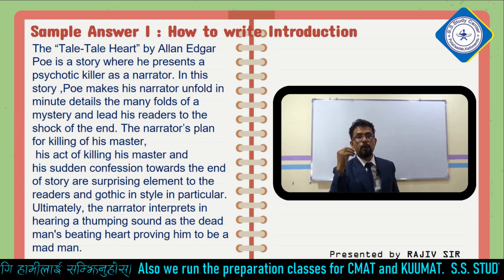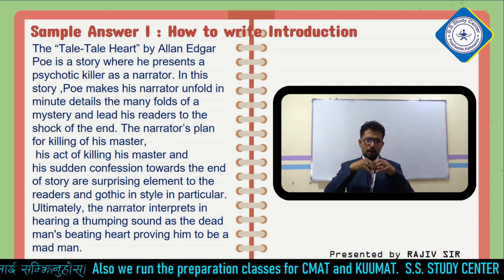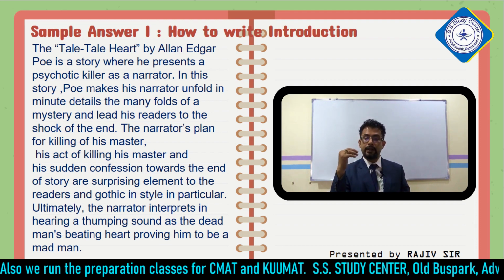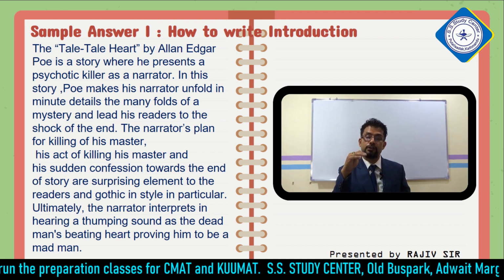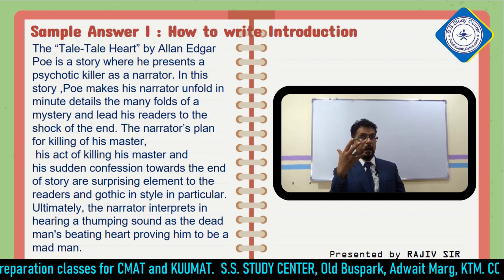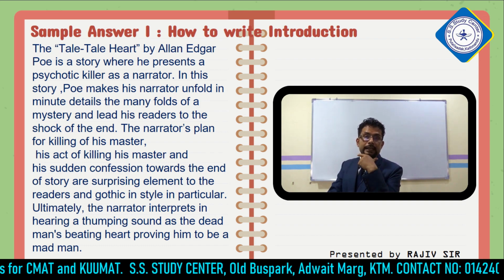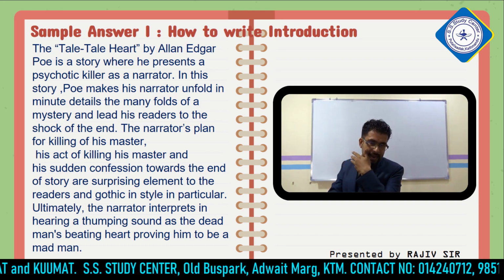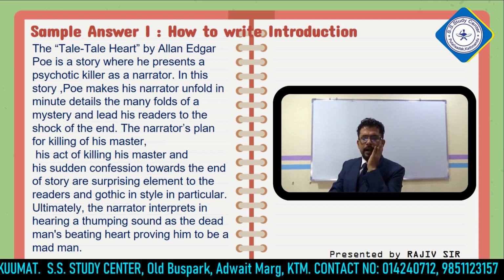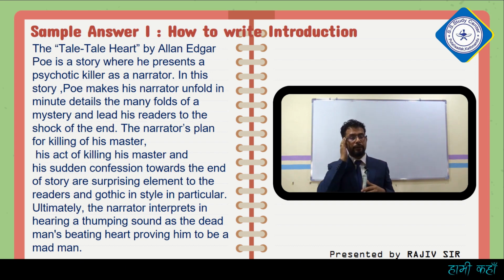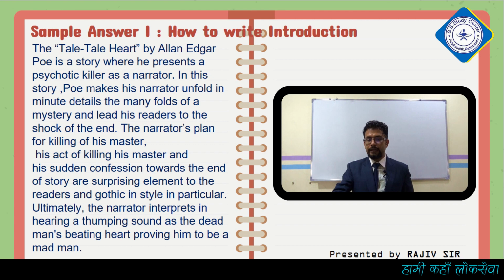In this story, Poe makes his narrator unfold in minute detail the many folds of a mystery and leads his readers to the end. The narrator's plan for killing his master, his act of killing his master, and his sudden confession towards the end of the story are surprising elements to the readers and Gothic in style in particular.